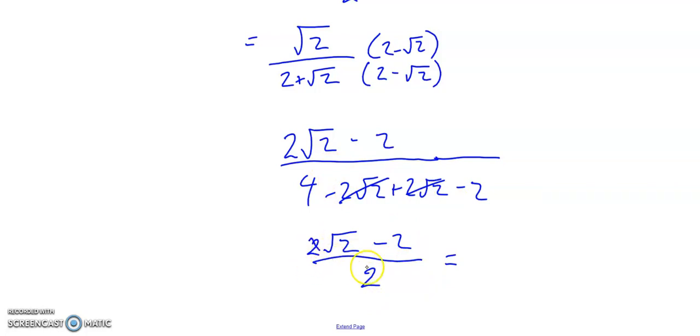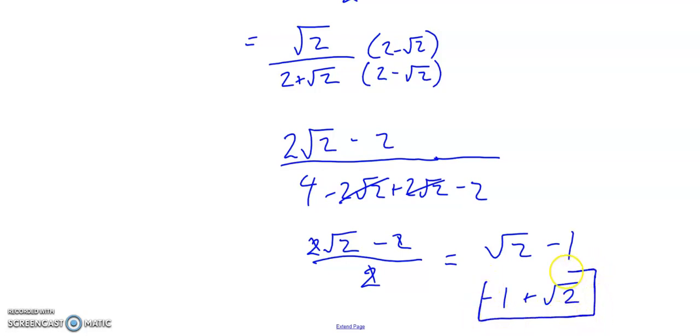All these 2's cancel out, so I am left with radical 2 minus 1. I like to write it the other way, putting my real number first. So that is what the tangent of 22.5 degrees is.